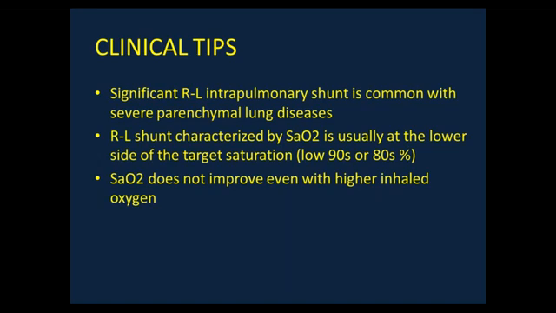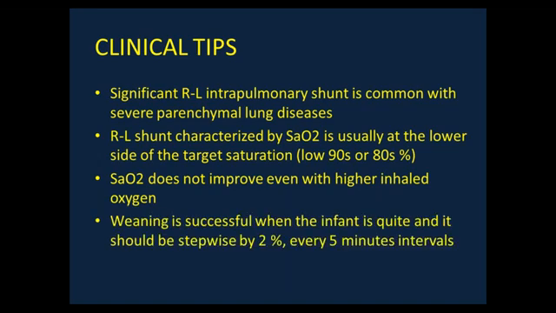Arterial saturation does not improve even with higher inhaled oxygen. Weaning is successful when the infant is quiet, so agitation or crying will significantly worsen the ventilation perfusion mismatch and worsen the right to left shunt.